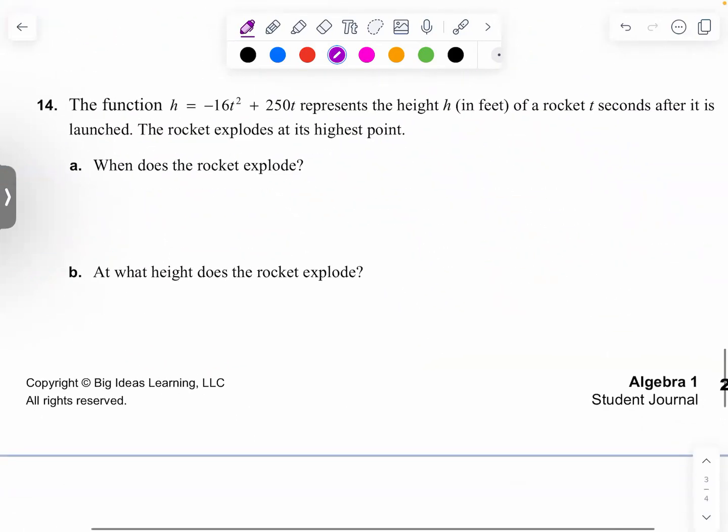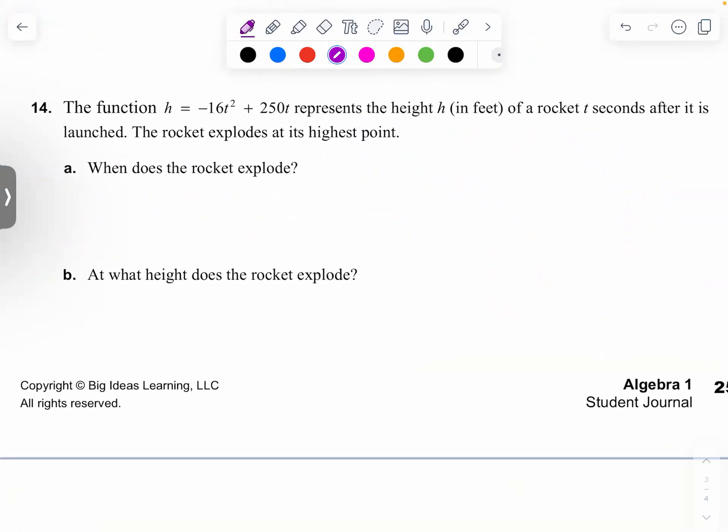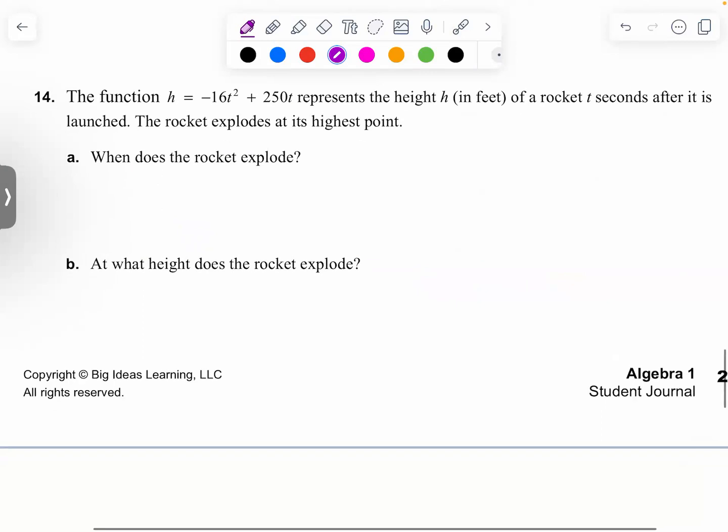I want you to read number 14. The function h equals negative 16... to yourself. At its highest point.